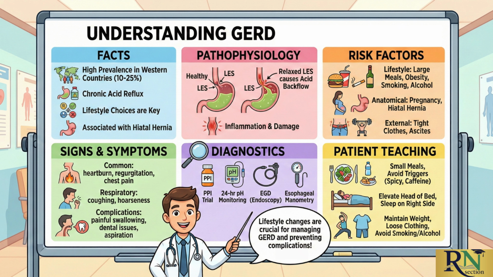So keep this in mind: heartburn and severe atypical chest pain, odynophagia, hemorrhage, dental caries, chronic cough, morning hoarseness. These are very important in the quizzes, for the NCLEX, and for patient bedside care.